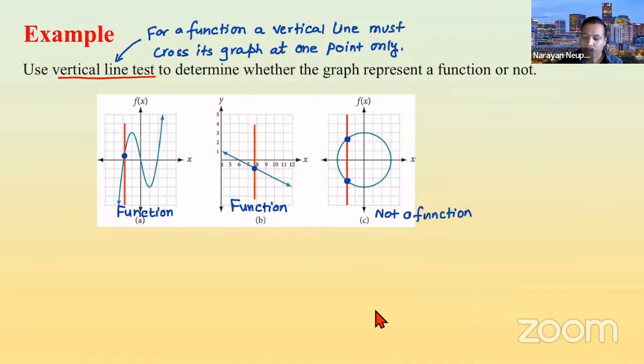For a function, a vertical line will cross the graph at only 1 point. If it crosses at more than 1 point, it is not a function. If you have any question, you can send me through chat, or you can unmute yourself and ask now.